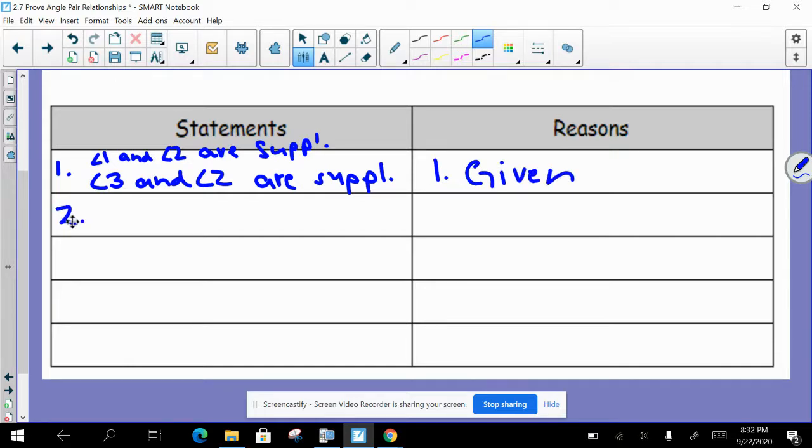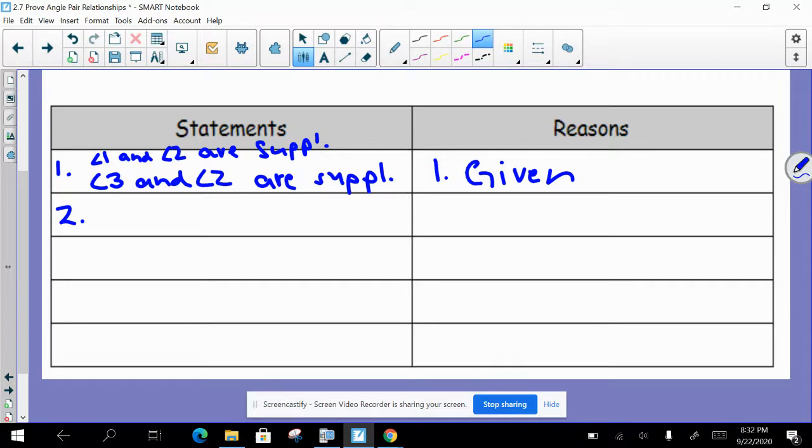Step 2. All right, well, we know that these 2 sets of angles are supplementary. So, is there anything we can say about supplementary angles? What's the definition of a supplementary angle? The definition of a supplementary angle is that the measures add up to 180.